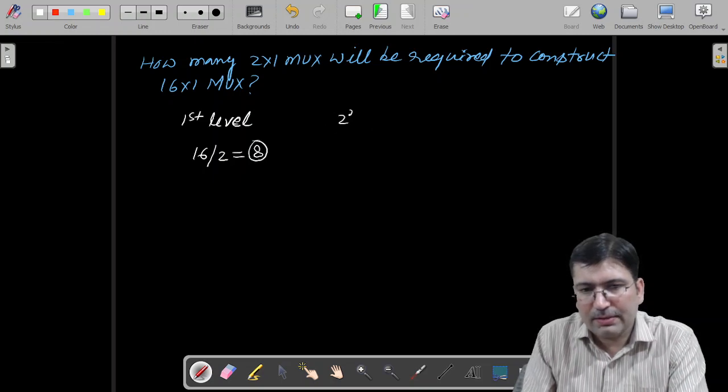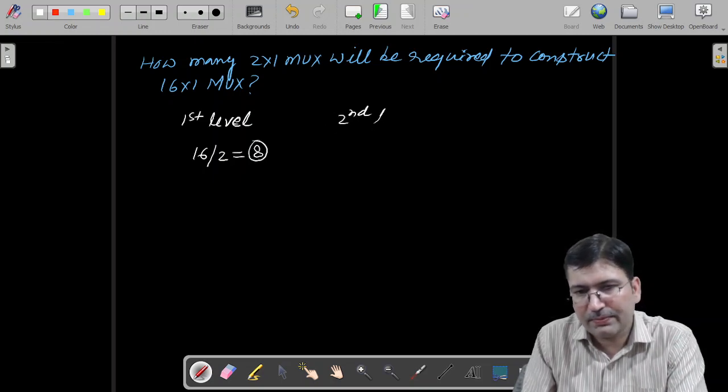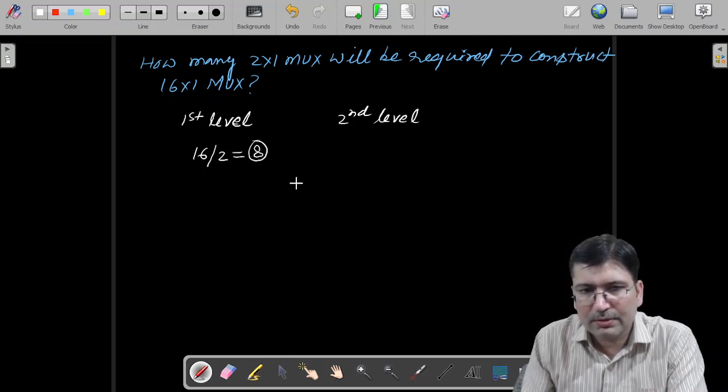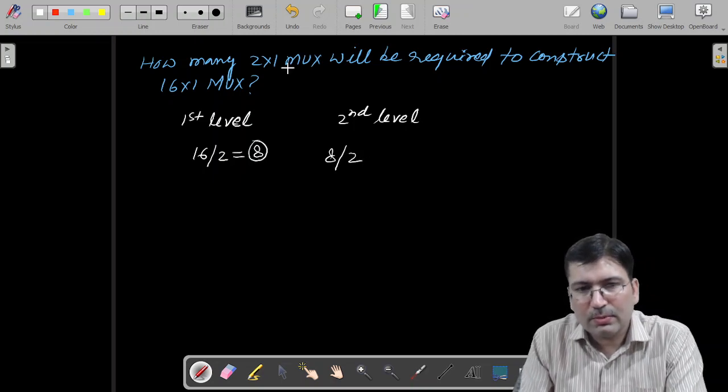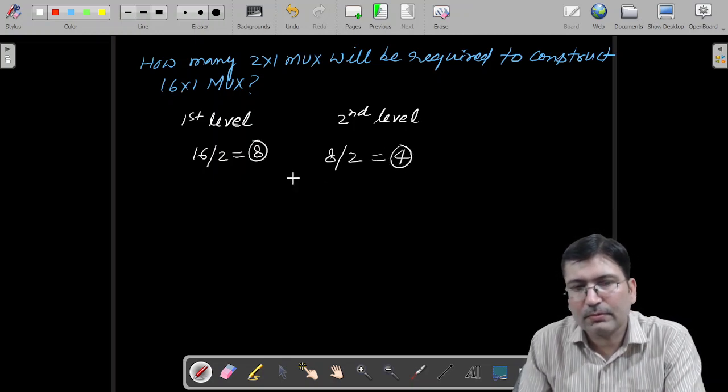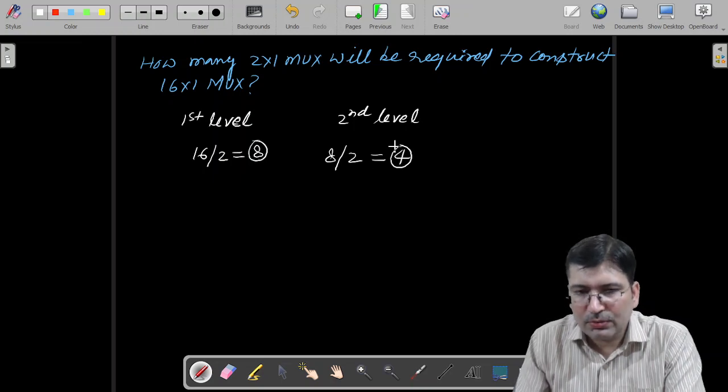Now at the second level, because we are getting 8 outputs, we need to handle 8, but we are having only 2x1 MUX, which can handle only 2. So we require 4 MUX at second level, right? These 4 MUX will give us 4 lines.